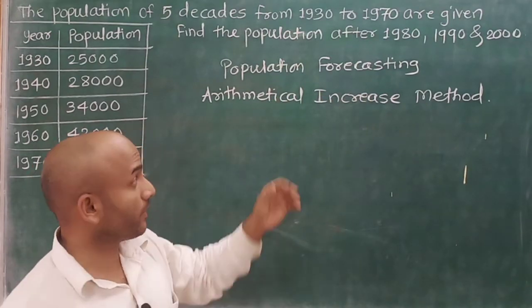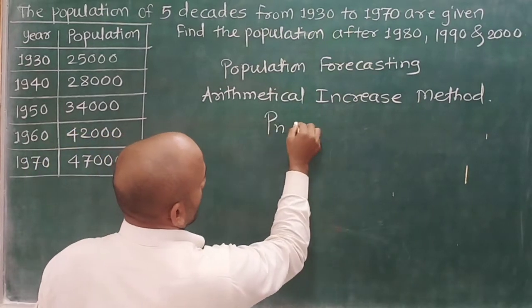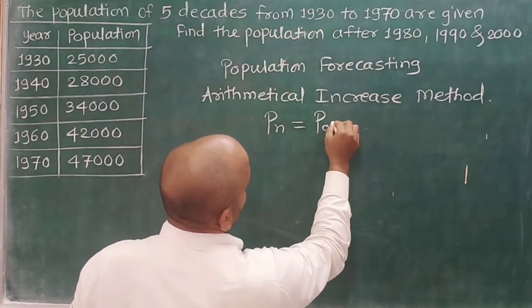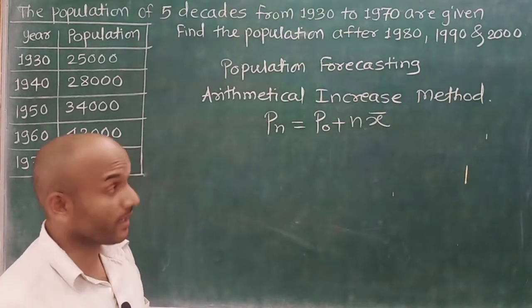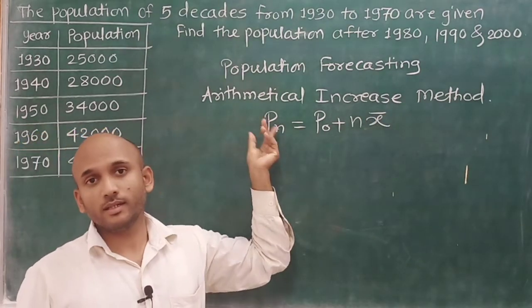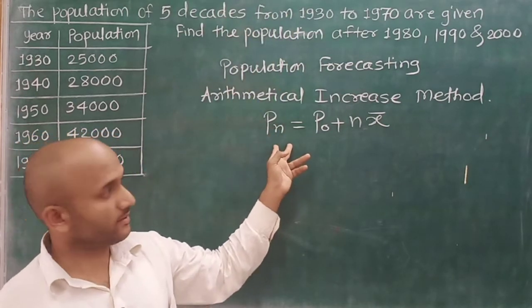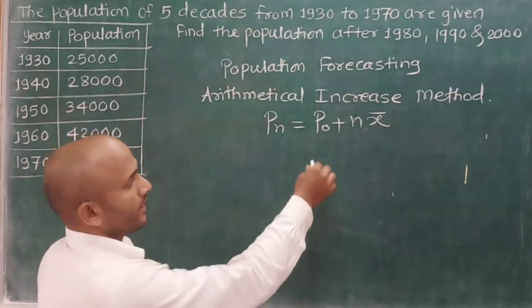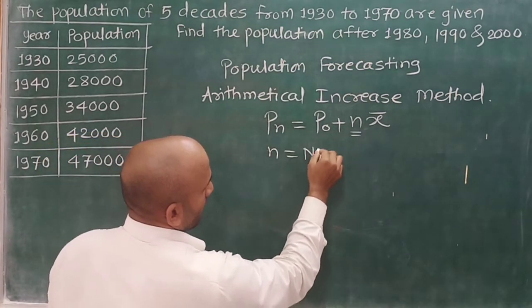The basic formula for the arithmetical increase method is Pn equals P naught plus n times x bar, where Pn is the future population, the population after n decades. Here n is the number of decades.